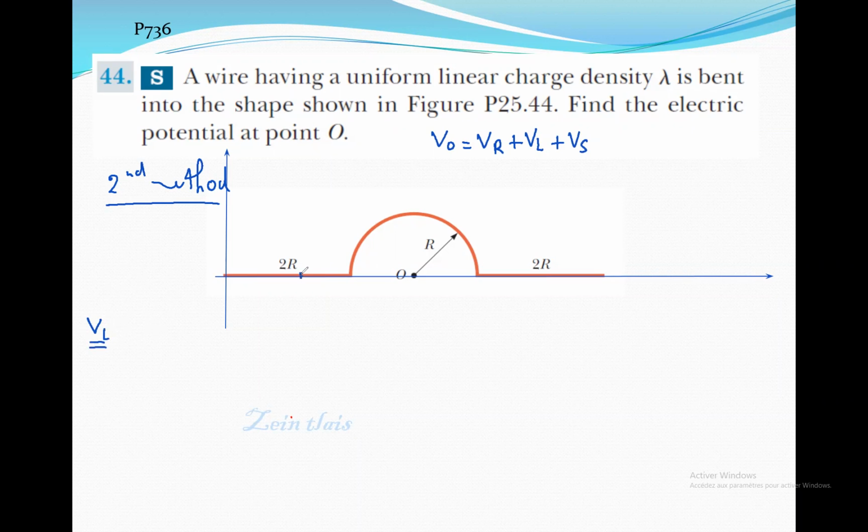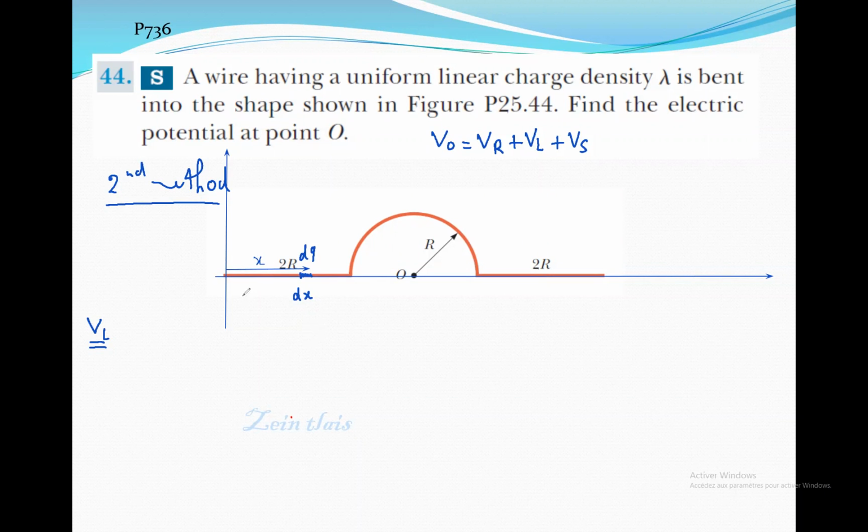We put a small part dx and we have dq. This dq is located at a distance x from the origin. Here we have x.